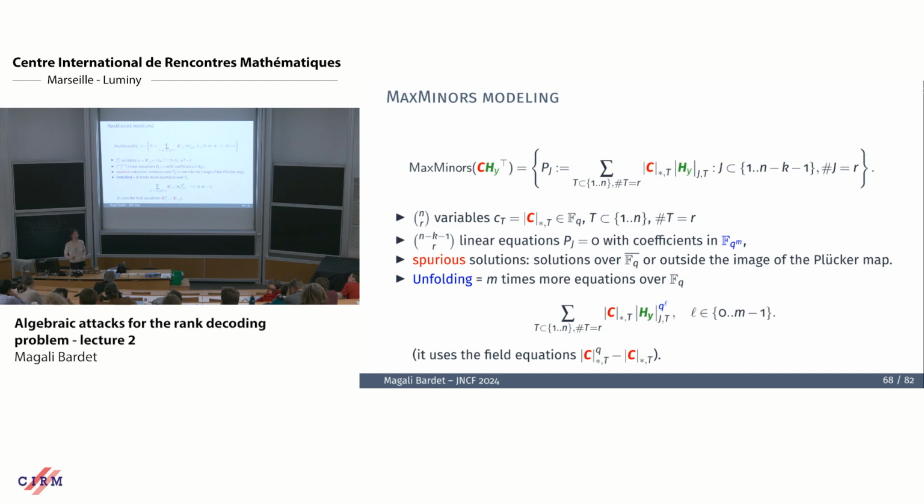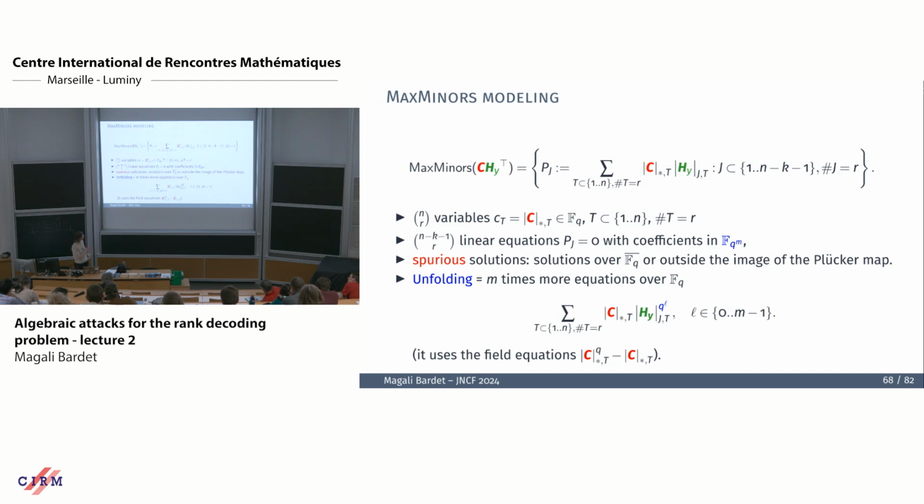Usually, for random instances, those equations are all linearly independent between them and from the initial one. Of course, you have instances where you have relations, but generically you have m times more independent equations compared to the initial setting.